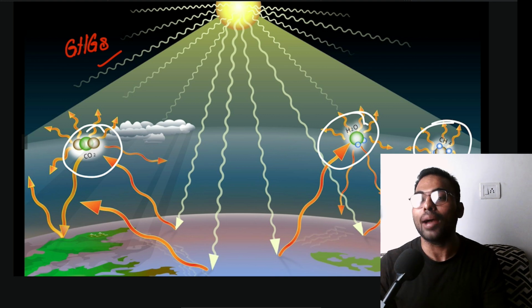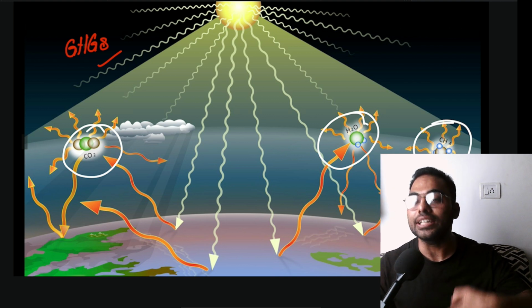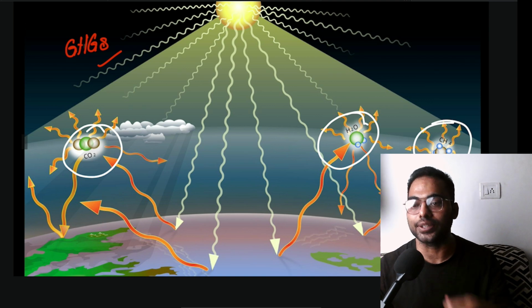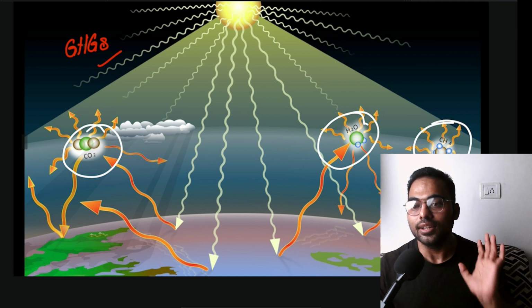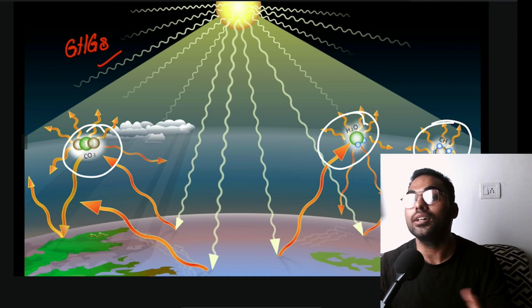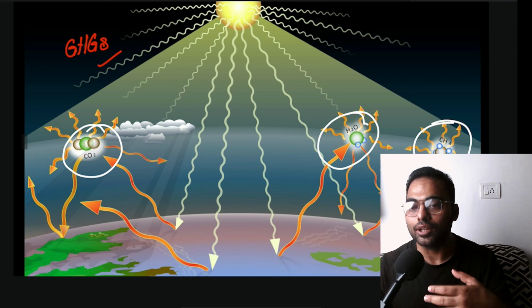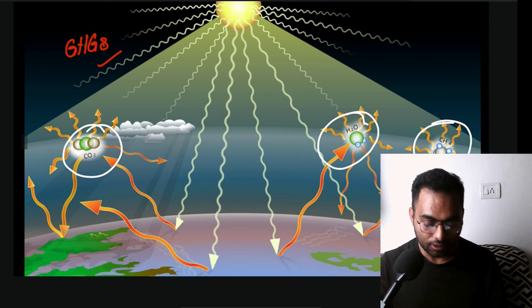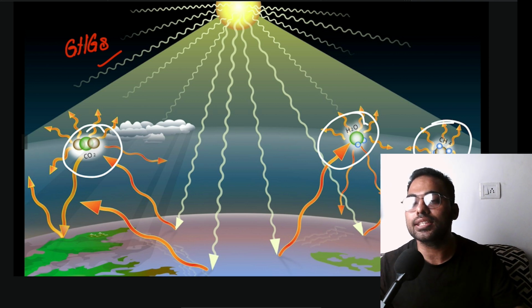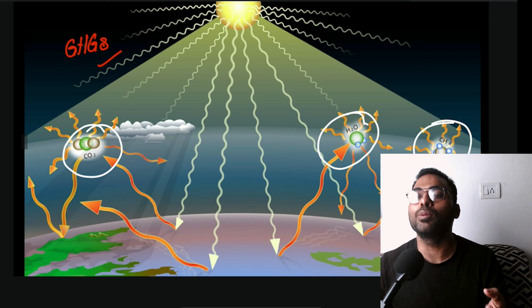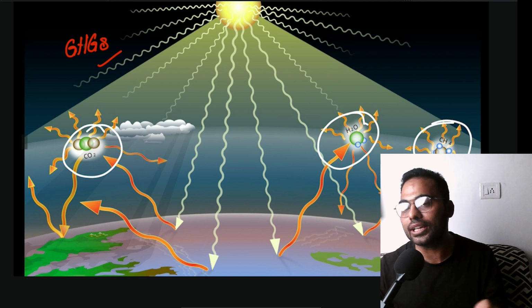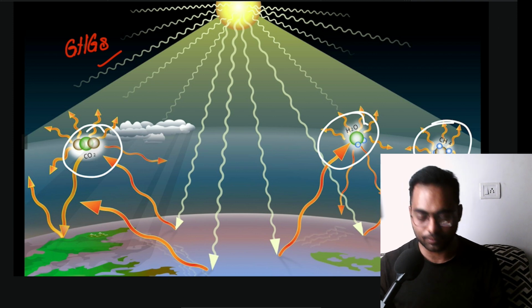And upon being trapped, they will increase the temperature of the Earth's atmosphere. And this is not at all completely hostile to us. In fact, this is what makes the Earth habitable, hospitable for human life. What is problematic is their presence in excess. The excess presence of the greenhouse gases causes global warming.